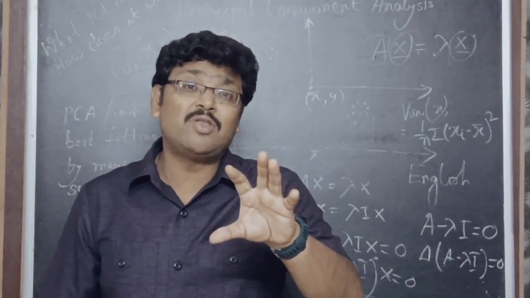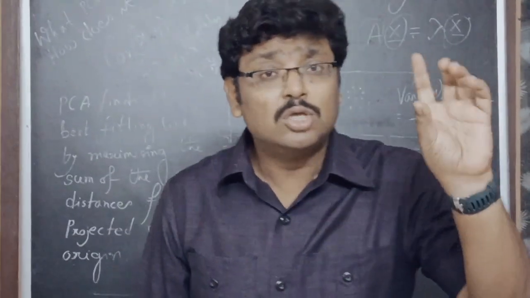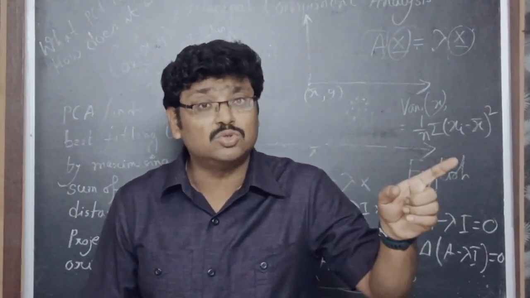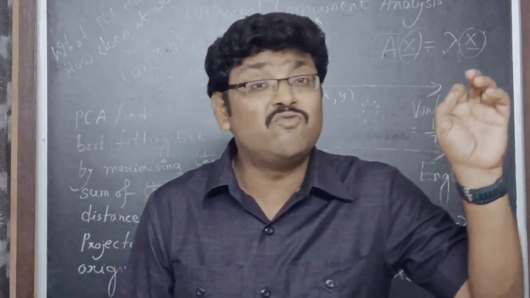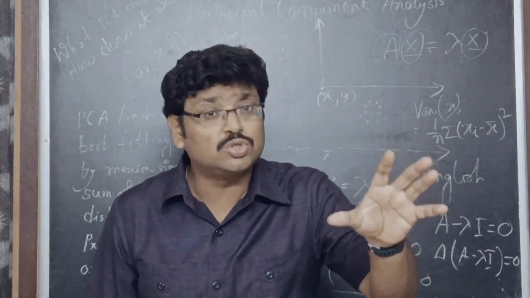In my example there are two variables, so there are two eigenvalues, two latent roots, two characteristic roots.